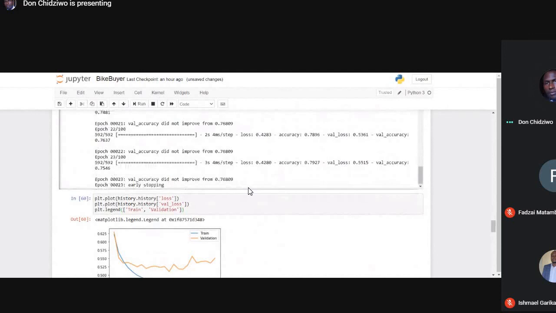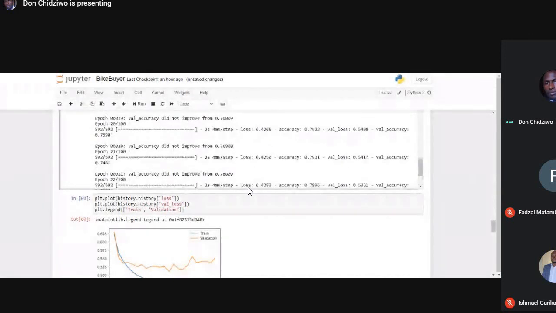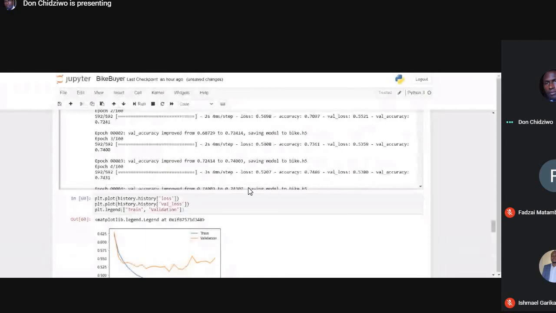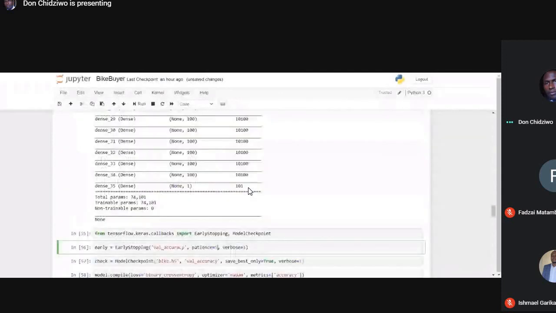It stops. All right. So those are some of the techniques that go with overfitting.